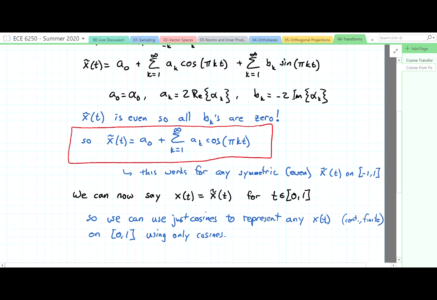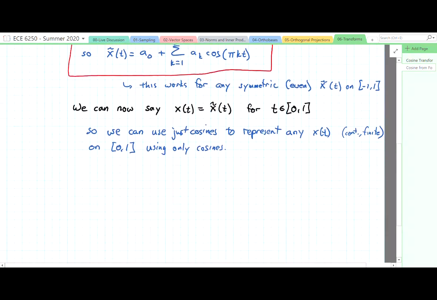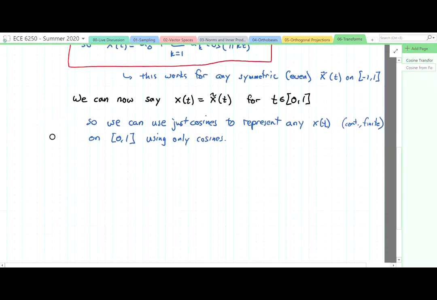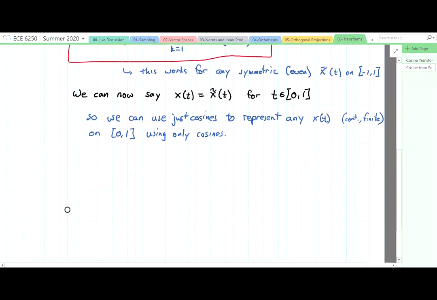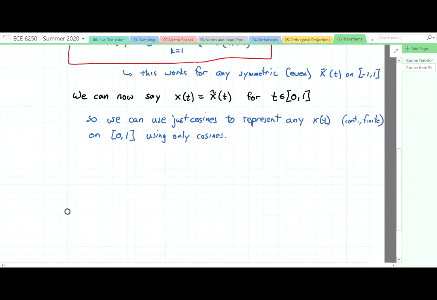So now we have our cosine transform. The last thing we need to convince ourselves of is that we indeed have an ortho basis. We've now, I think, convinced ourselves that we have a basis. Is it an ortho basis?